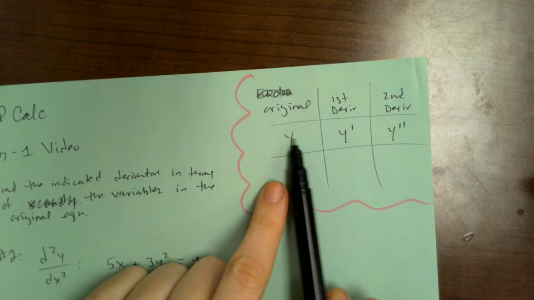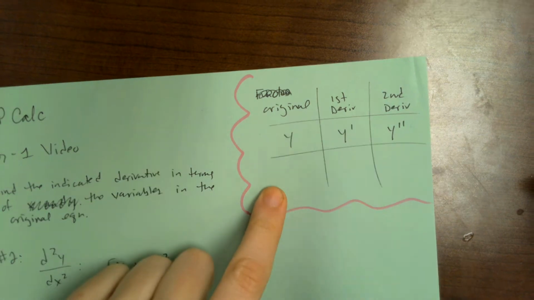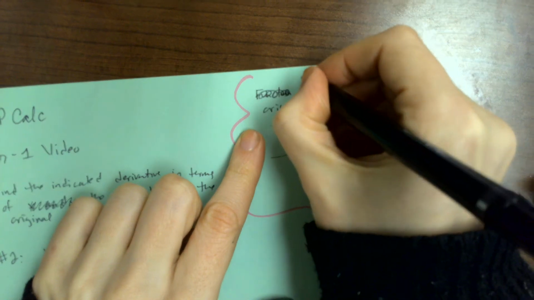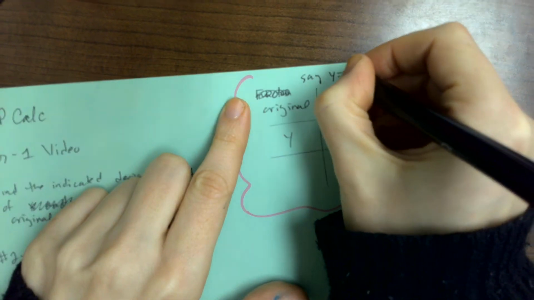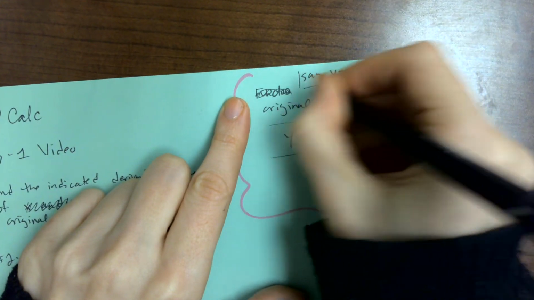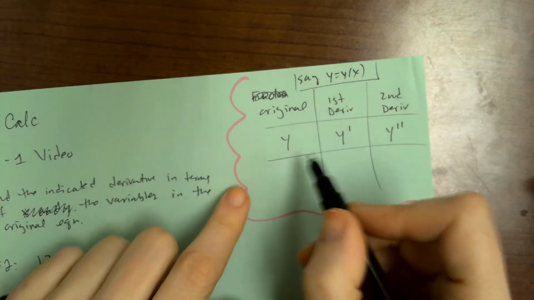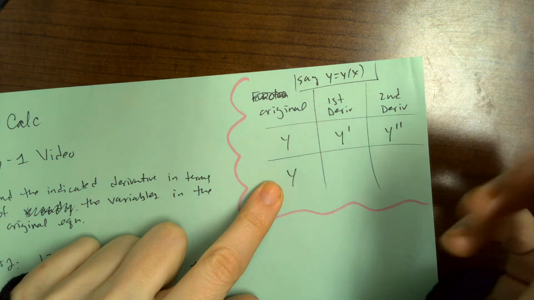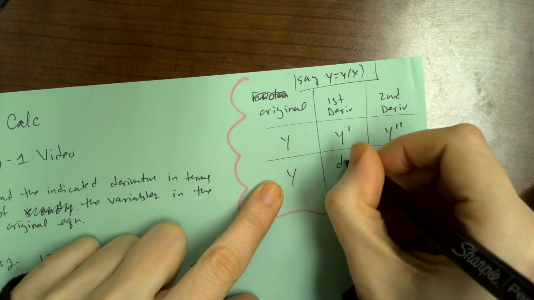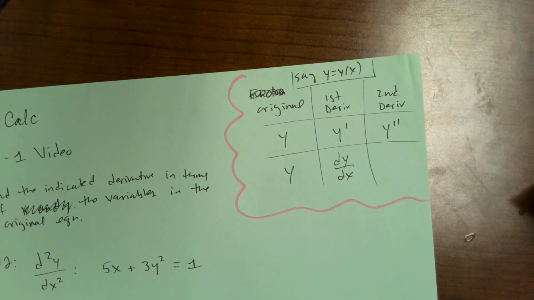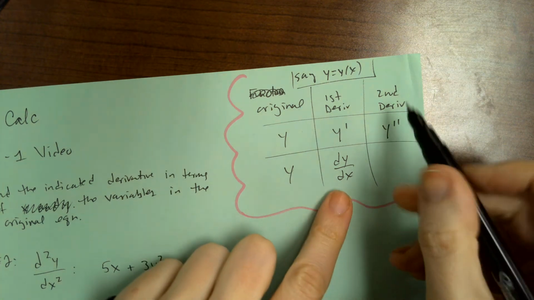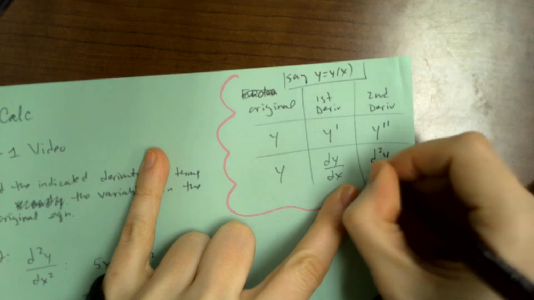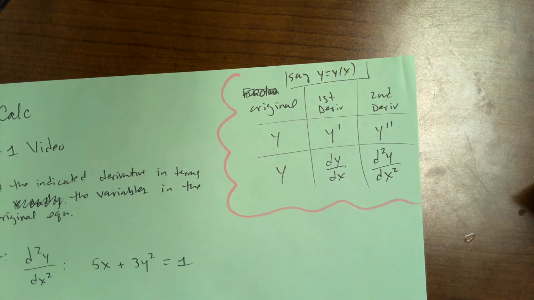But this is prime notation, which is super simple. Leibniz notation is a little more complicated. Let's just say y is equal to y of x. Then Leibniz notation would say dy over dx for the first derivative. And for the second derivative, this might be a little bit weird, but it goes d squared y over dx squared.